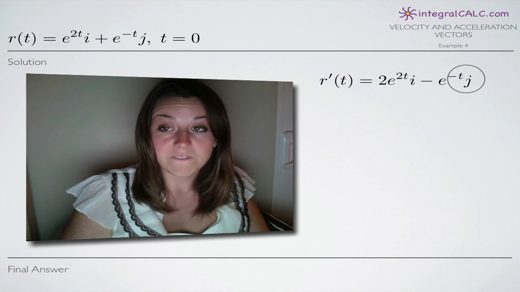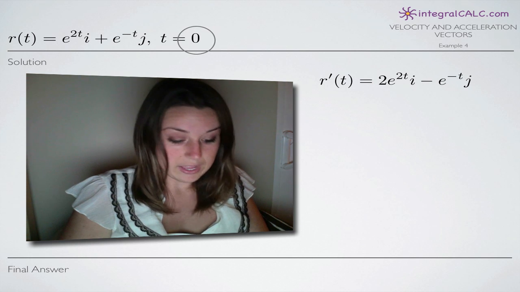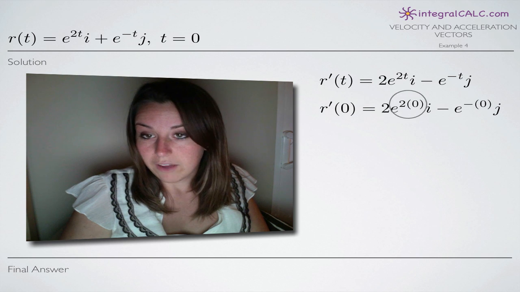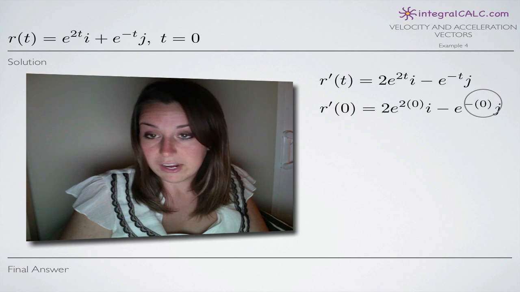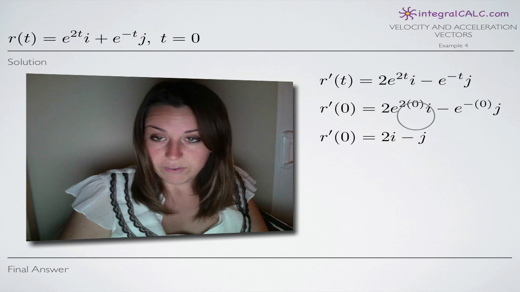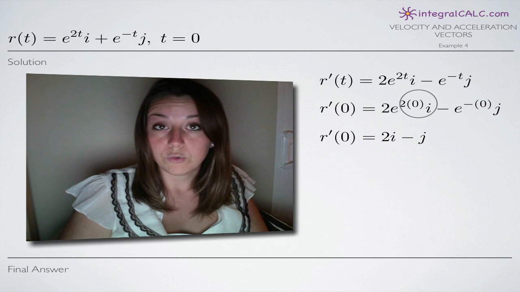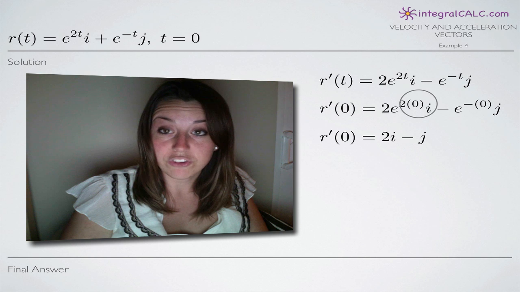So now, to find the velocity vector, we're going to plug in 0 for t and simplify. So we plug in 0 for t, and obviously we're going to plug it in both here, and when we simplify this, we'll end up here with e to the 0. Remember that anything raised to the 0 power is just 1.